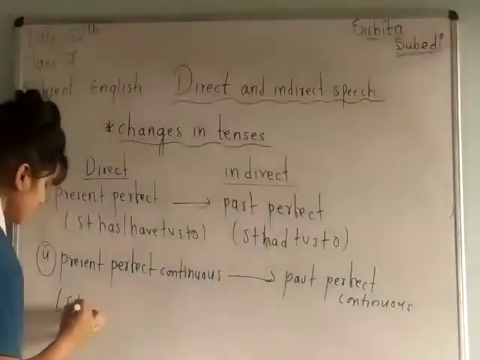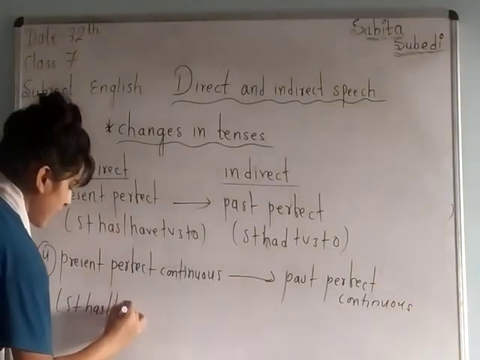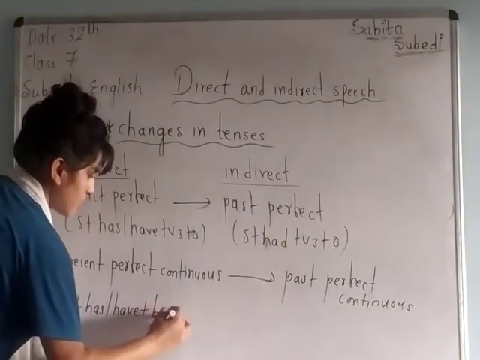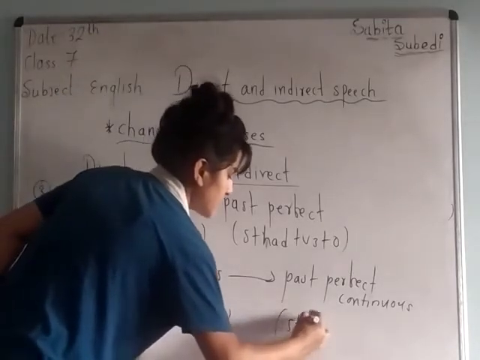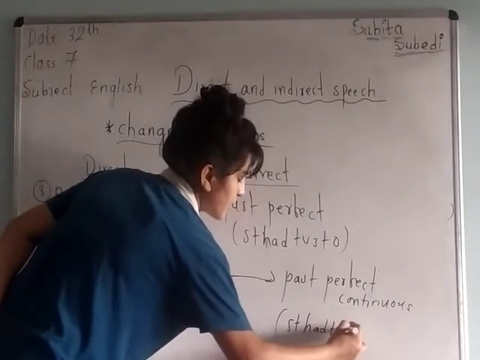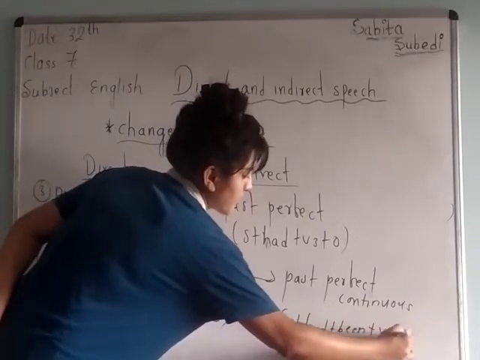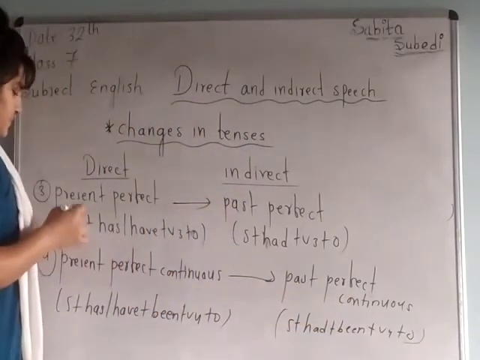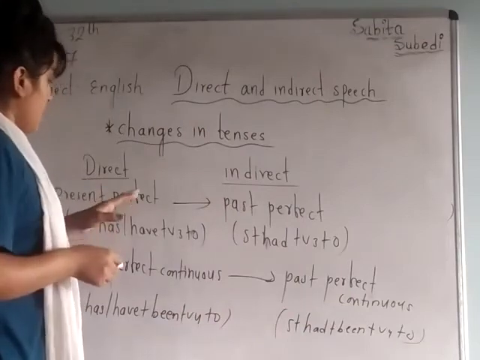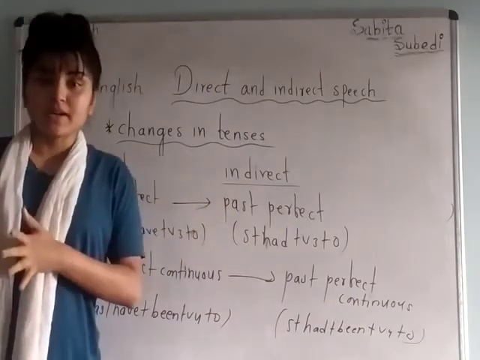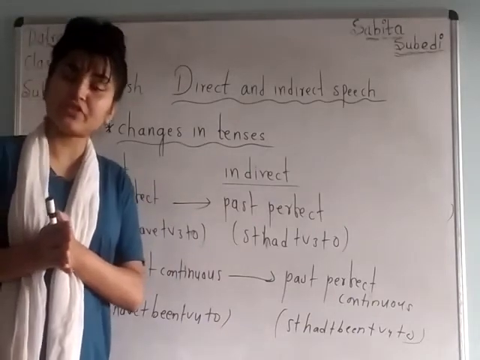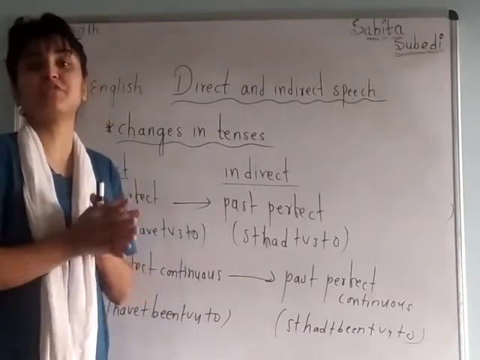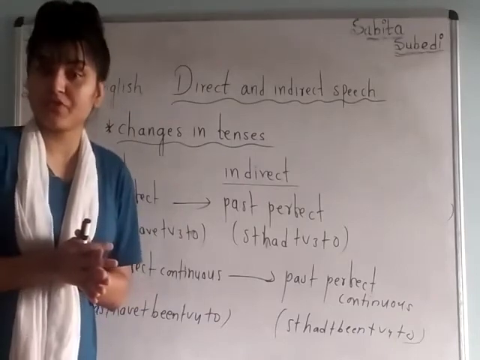Its structure is subject plus has, have plus been plus verb ing plus object, and subject plus had plus been plus verb ing plus object. So see here, simple present changes into simple past, present continuous changes into past continuous, present perfect changes into past perfect, present perfect continuous changes into past perfect continuous.